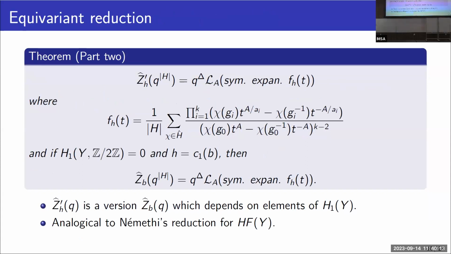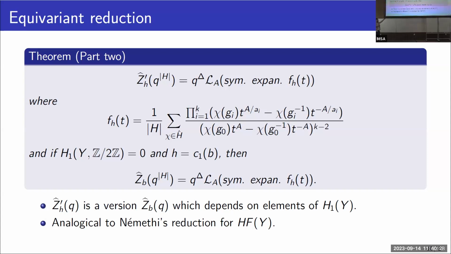Yeah, so there is also an equivariant version. From the formula for Z0, we can extract a formula for all Z hat B's by putting some characters of the H1 into play.